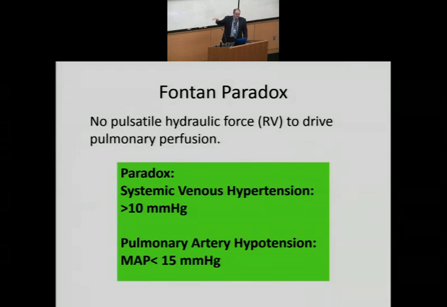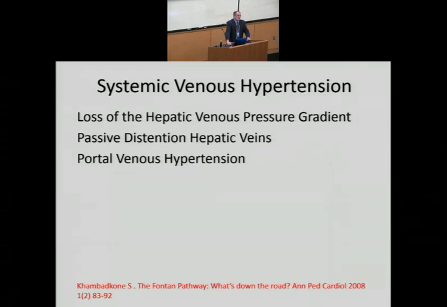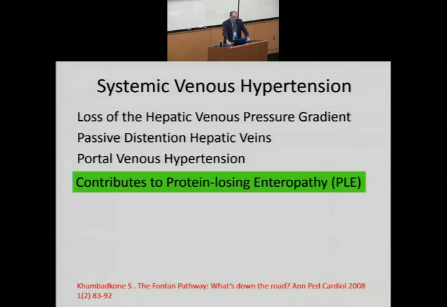And so the blood reaching the lungs is at a lower pressure, normally less than 15 millimeters of mercury. And what does that do over time? Well, it results, as I explained, in a loss of that transhepatic venous pressure gradient, which augments easy flow into the hepatic veins, into the IVC, passive distension, portal venous hypertension, and then we start to sequestrate proteins into the gut.